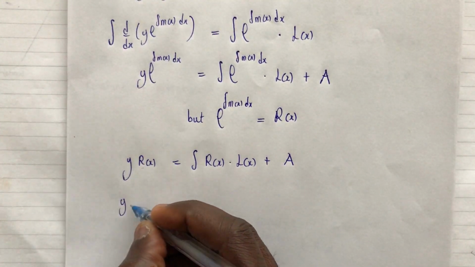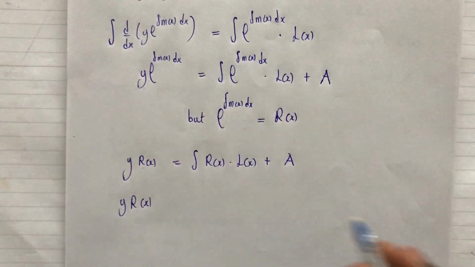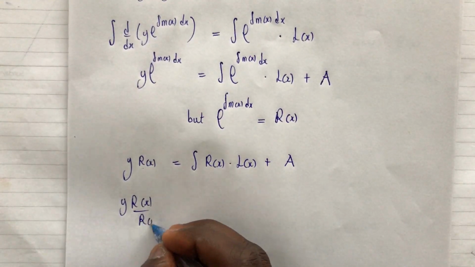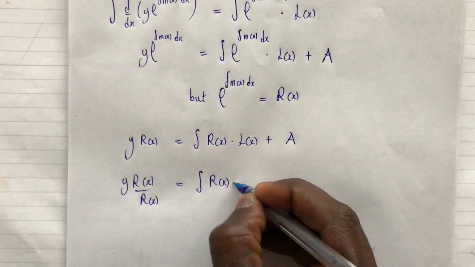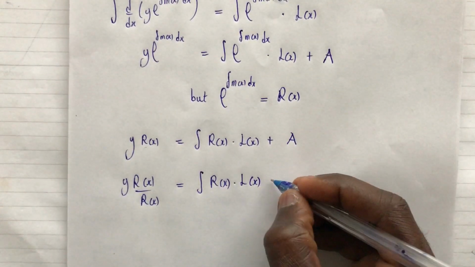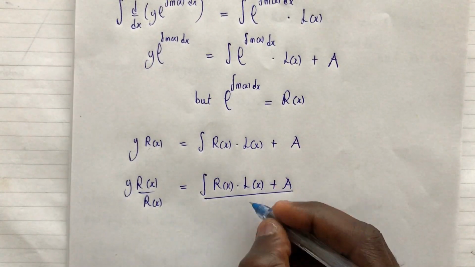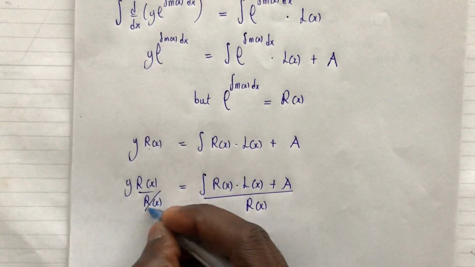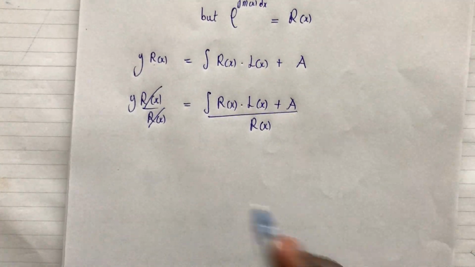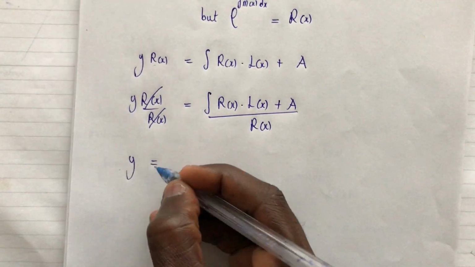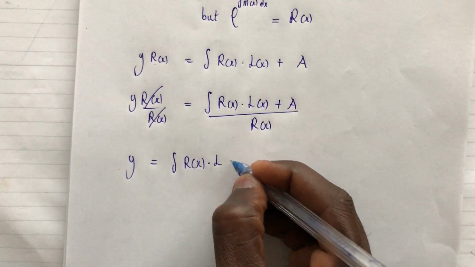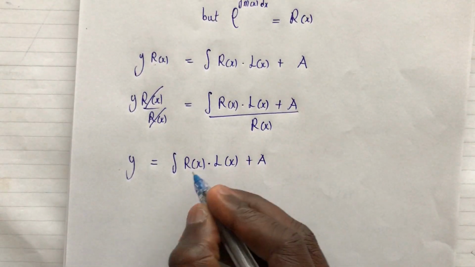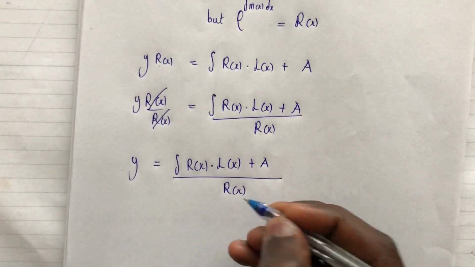So we have y R of x out of R of x, giving us integral of R of x times L of x plus a divided by R of x. This will take care of this. So now we are left with y equal to integral of R of x times L of x plus a out of R of x.